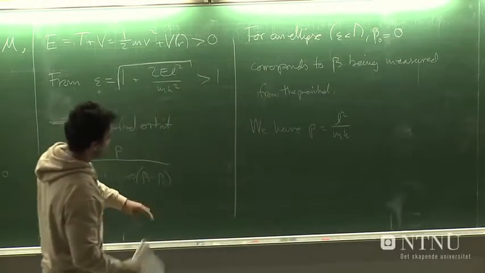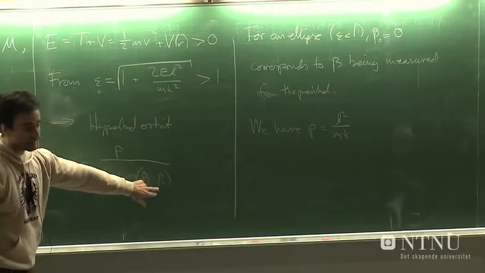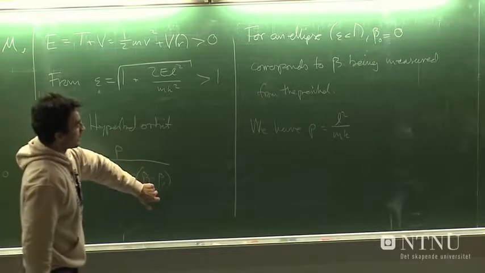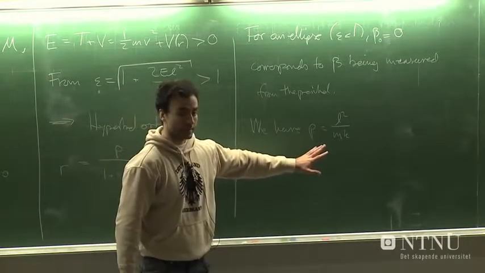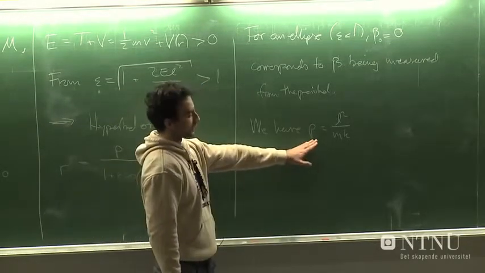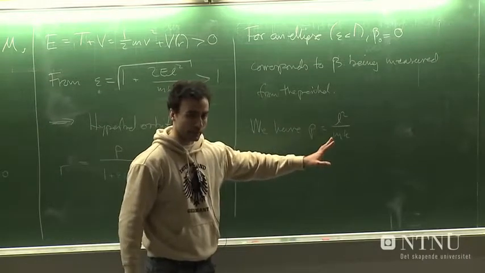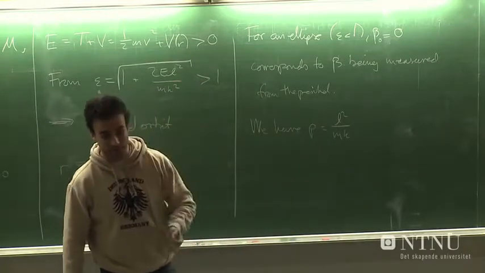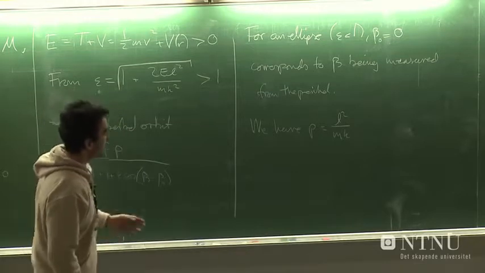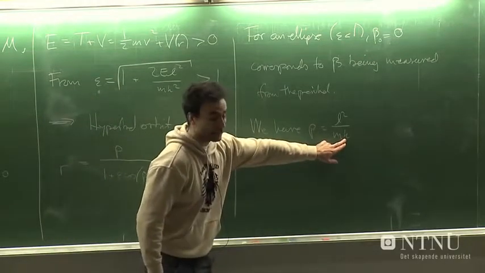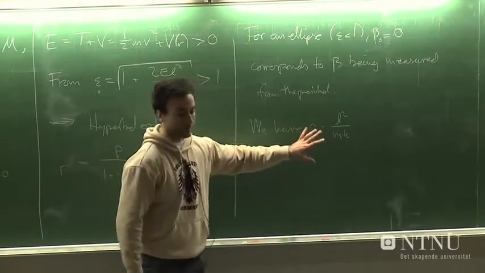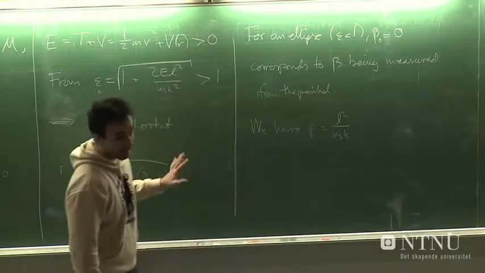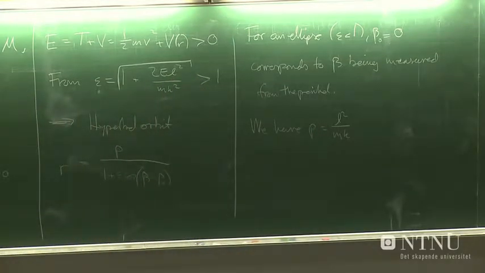Now, the reason for why I've reinstated this beta 0 is a sign consideration here. Because we have that the orbit parameter p is defined as the angular momentum squared over the mass and the strength of the potential. In the Kepler case, k was positive, so p would be a positive quantity. In the present case, k is negative.